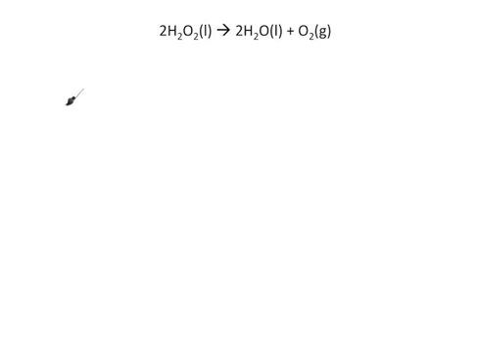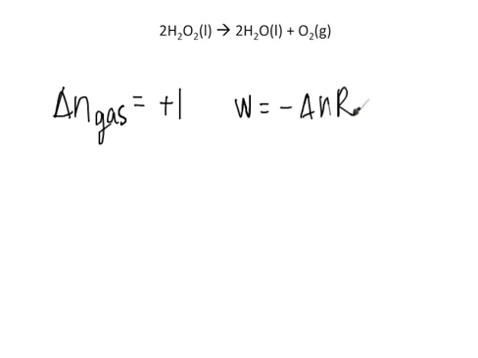So let's calculate the change in moles of gas. So this is going to be plus 1, right? Because there's no gas on the reactant side, only 1 mole of gas on the product side, so 1 minus 0. So we know that work is going to be negative. In doing the calculations, we've already done this many times before, we'll get something around minus 2.5 kilojoules.